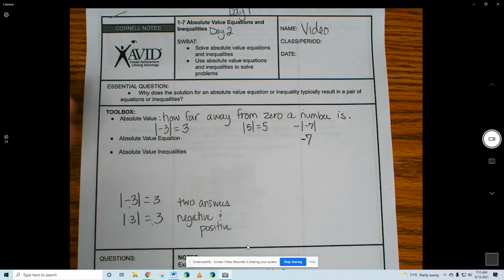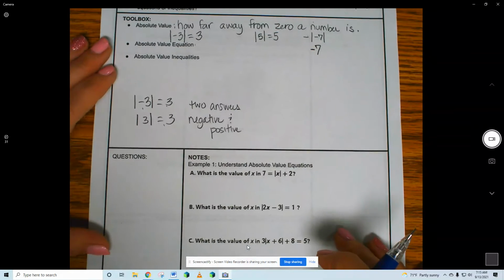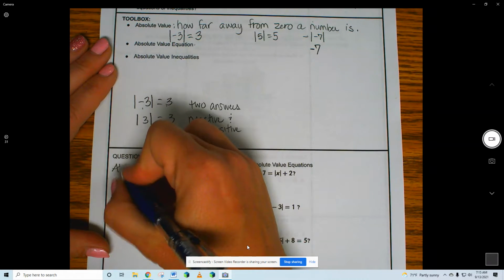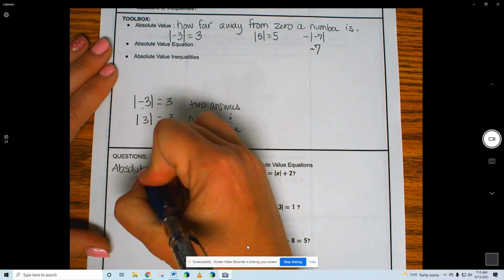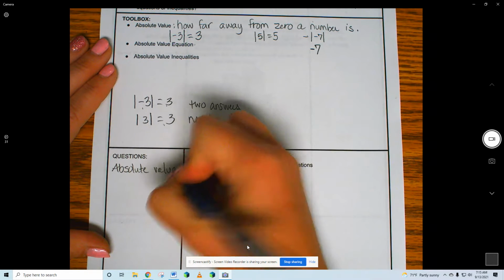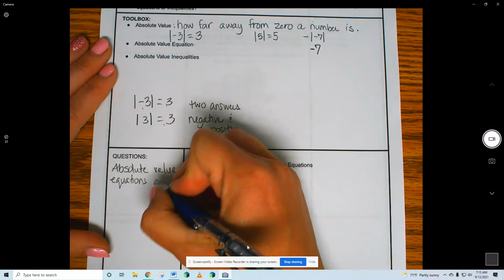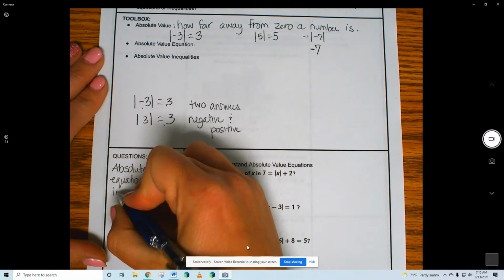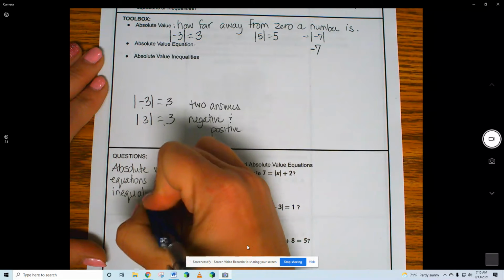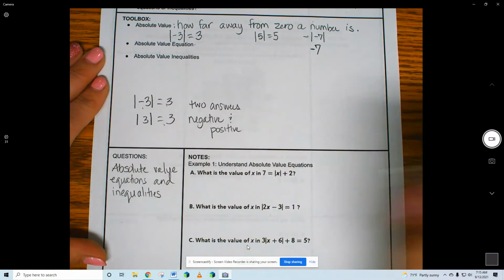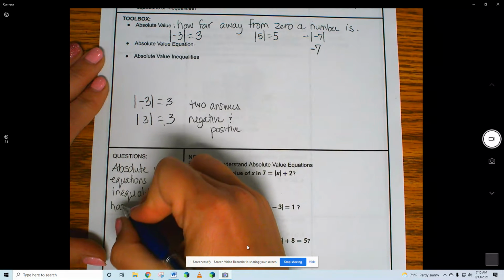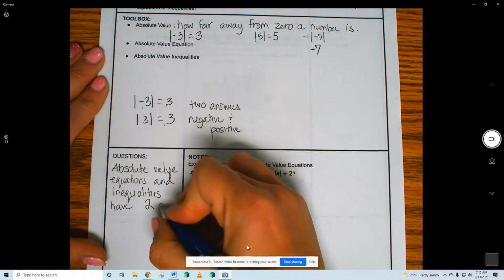So I'll write it over here in the margin. Absolute value equations and inequalities, today and tomorrow, have 2 answers.